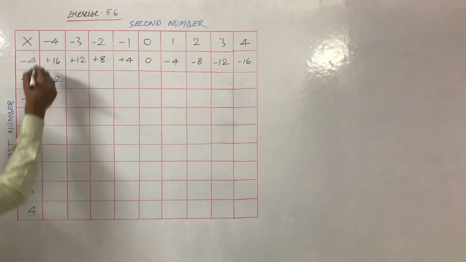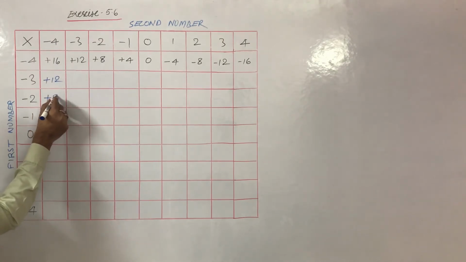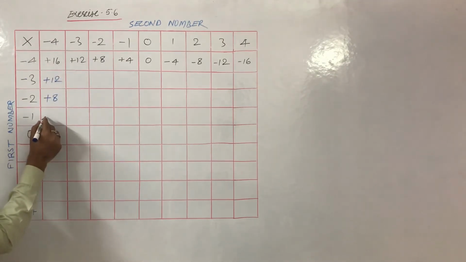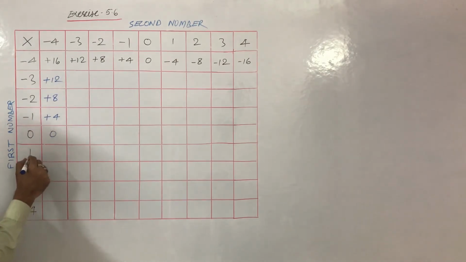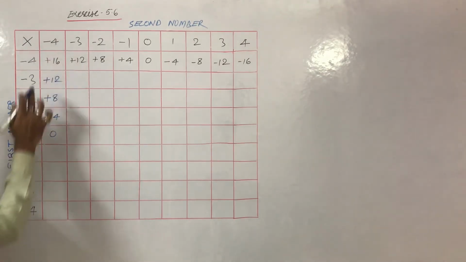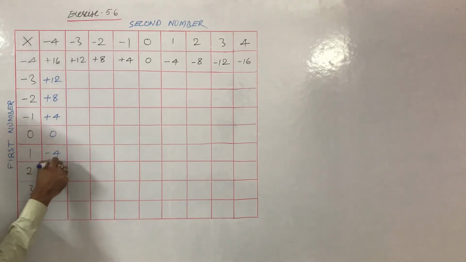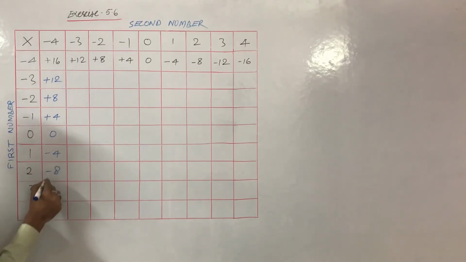Then minus 2 into minus 4 is plus 8, minus 1 into minus 4 is plus 4, 0 into minus 4 is 0, 4 into minus 4 is minus 16, and so on.